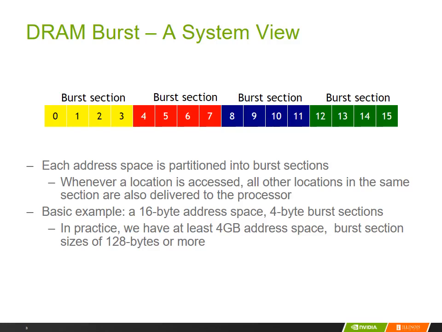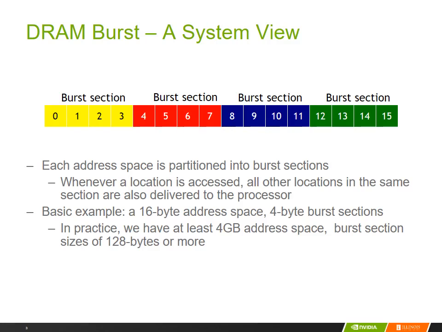And here we show a very small example where there are only 16 bytes in the address space, and we divide the address space into 4 burst sections of 4 bytes each. Obviously, this is a very small toy example.